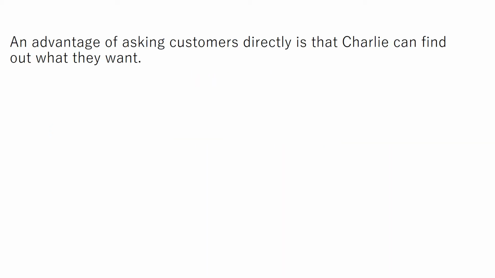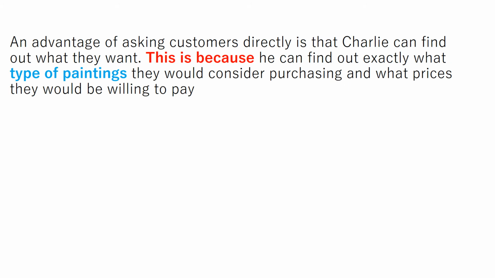So paragraph 1, we're going to focus on primary research, where Charlie's going to ask the customers what they think. An advantage of asking customers directly is that Charlie can find out what they want. This is because he can find out exactly what type of paintings they will consider purchasing and what prices they will be willing to pay.